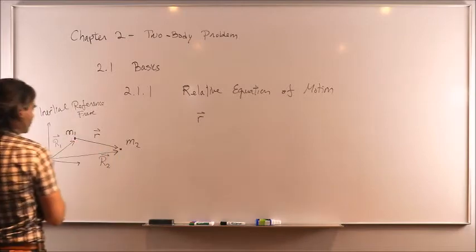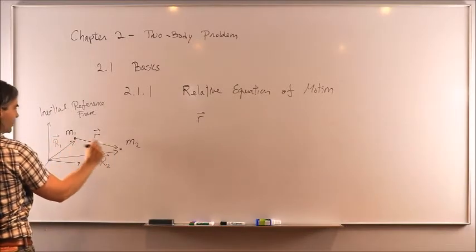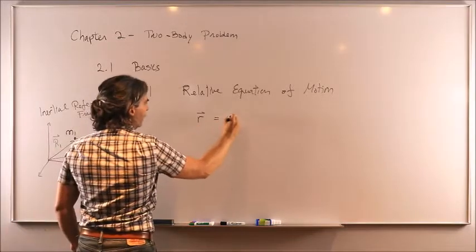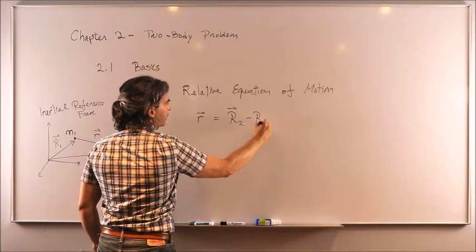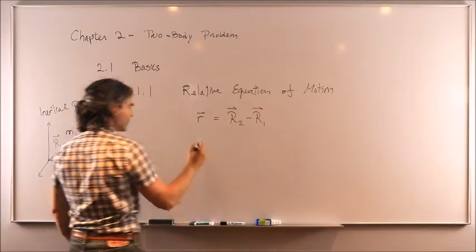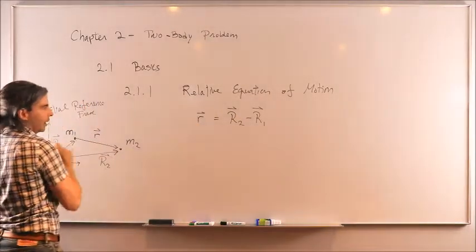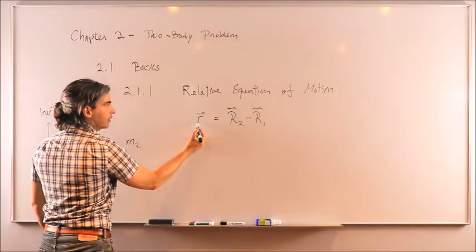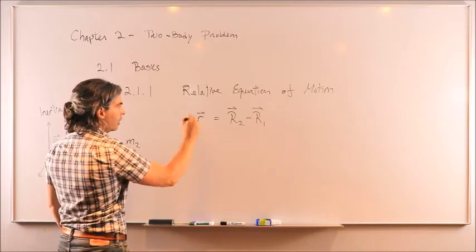So head-to-tail summation will tell you that R1 plus r is equal to R2, or in other words, that R2 minus R1 is equal to the position of M2 with respect to M1. Or in other words, the relative position of M2 with respect to M1. This is what the small r denotes.